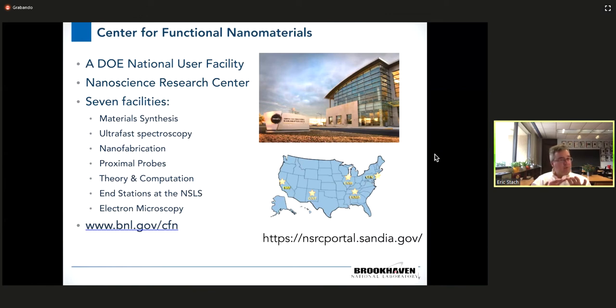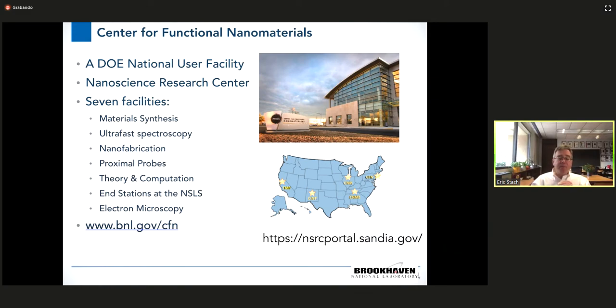There's a big computer cluster and people to help you with theory and computation. And interestingly, the CFN partners with NSLS2 on three end stations for X-ray scattering, for low-energy electron microscopy, and for ambient pressure X-ray spectroscopy. But in particular, I want to take a moment and talk about the electron microscopy capabilities, because that represents one of the major facilities within the CFN. And is, of course, important because this is what I've been talking about all day.